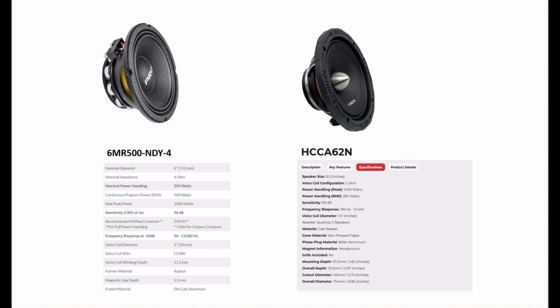So here are the technical specification sheets for both speakers, and of course the first thing we're going to look for is their power handling, right? Speaker A can handle 500 watts average RMS and 1000 watts peak.